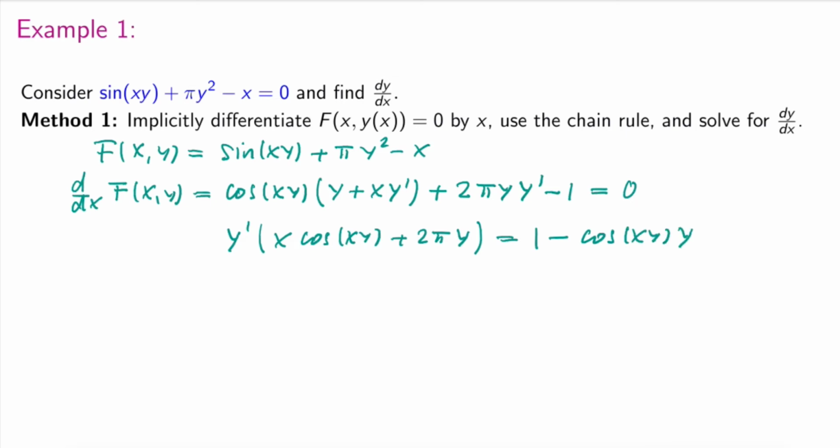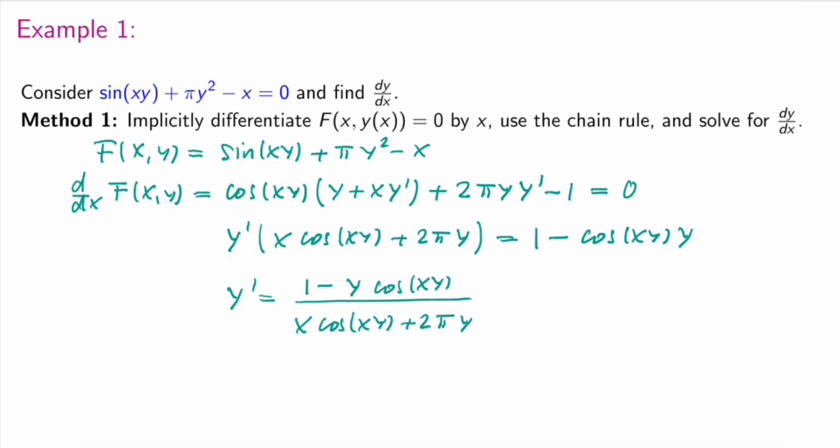Now I think I have all the terms. I can solve it for y prime. So then y prime would be 1 minus y cosine xy divided by x cosine xy plus 2 pi y. That's the result from the implicit differentiation.